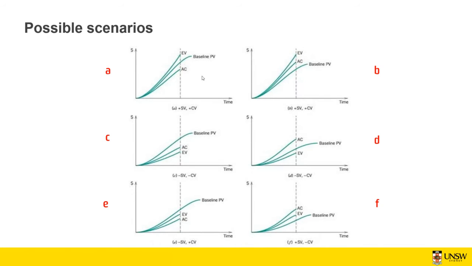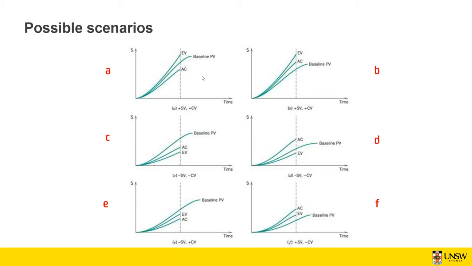But it's still lower than your earned value, which again is a good thing, because your earned value is higher than your actual cost, which means that your cost variance is also positive. So schedule variance positive, cost variance positive. So B is also a very good scenario, which means that you are ahead in terms of the schedule and also you are running the project under budget.